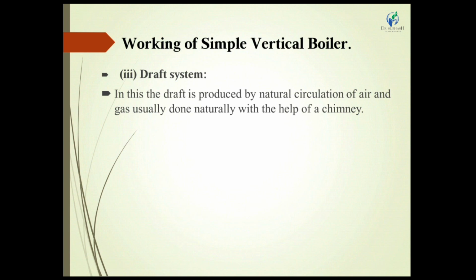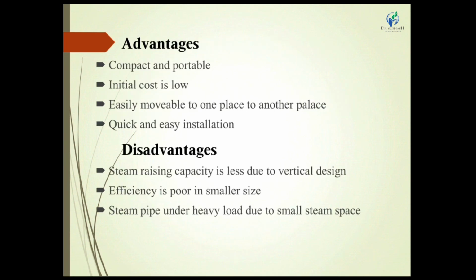It may be by forced draft or natural draft. For forced draft, we have to arrange a pump. Natural draft works on density difference and temperature difference. The higher temperature flue gases go in an upward direction, and the denser atmospheric air enters into the firebox.